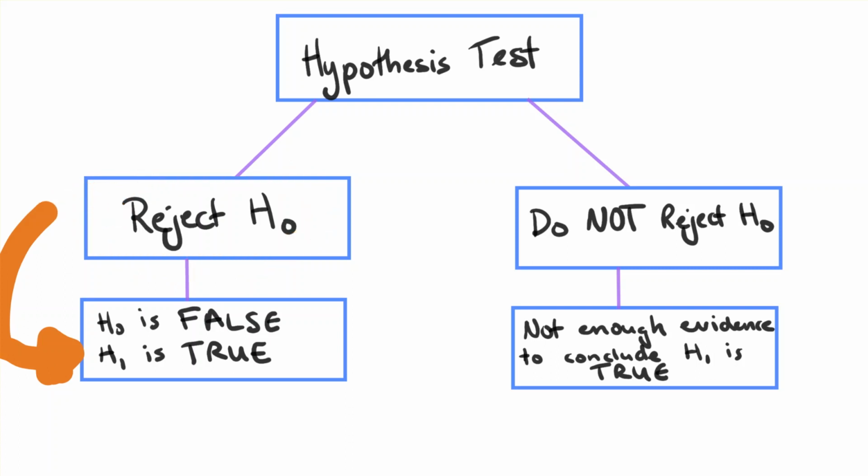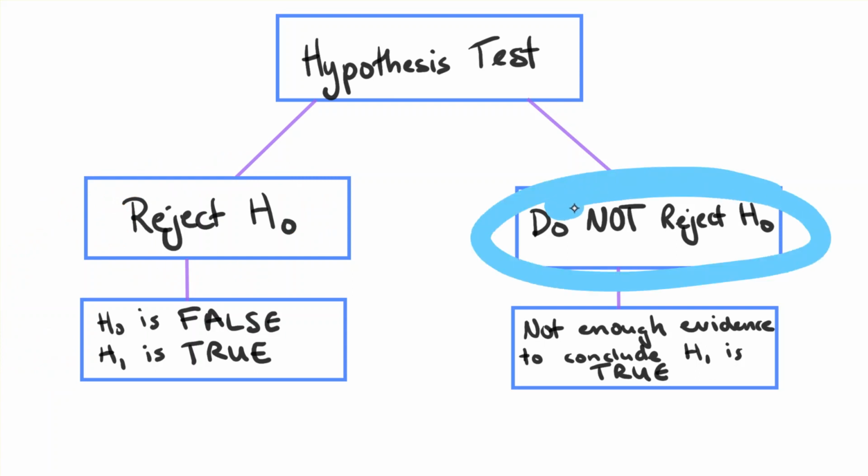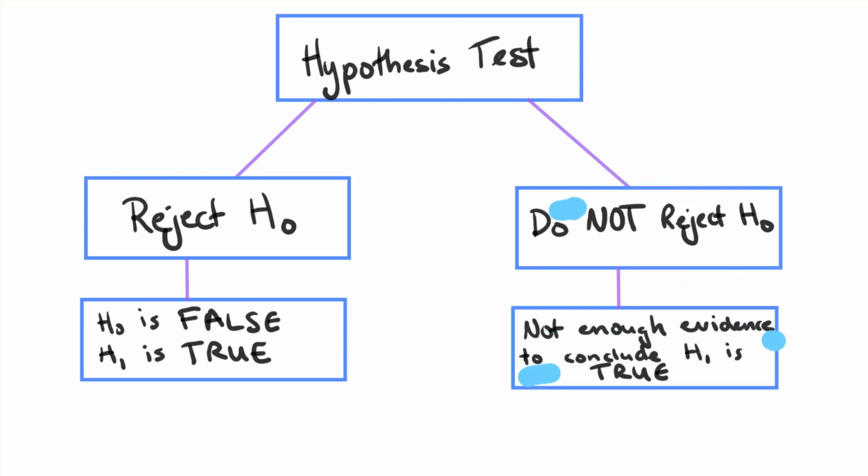And of course, we need to phrase that in terms of the problem. Now, if instead we do not reject H0, all we can conclude is that there's not enough evidence to conclude H1, the alternate hypothesis, is true. And we've got to phrase that in terms of the wording of whatever problem we're dealing with.